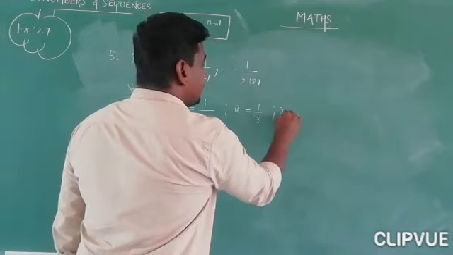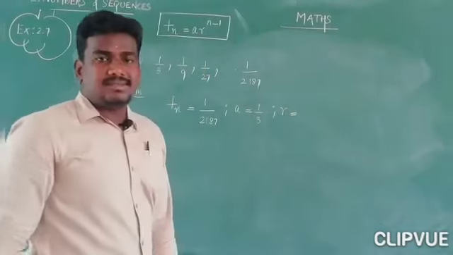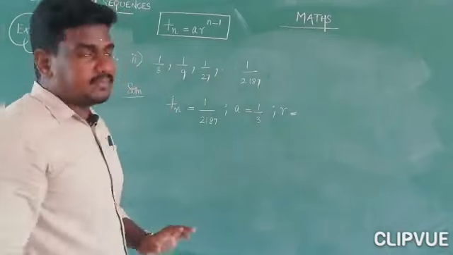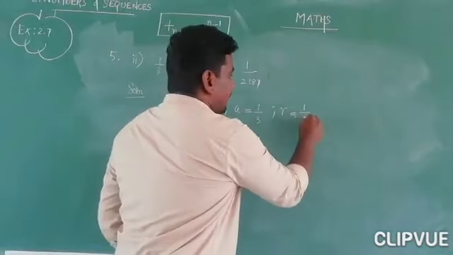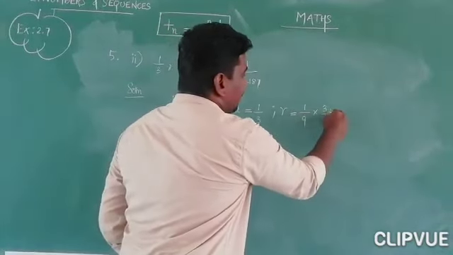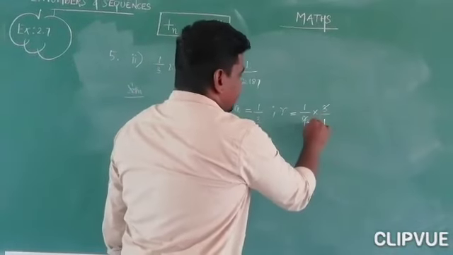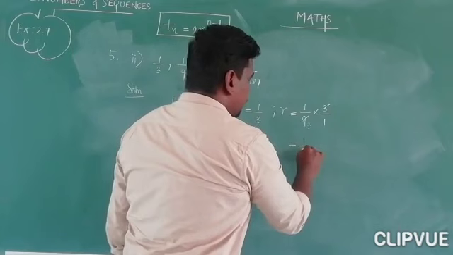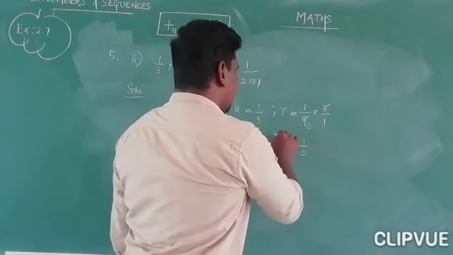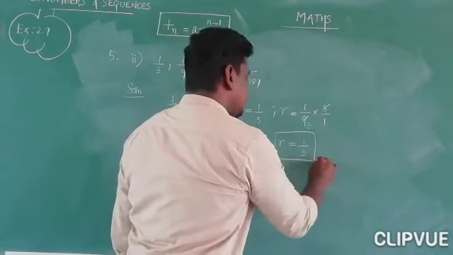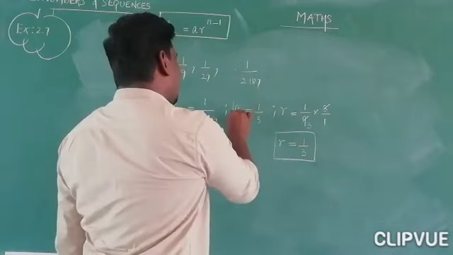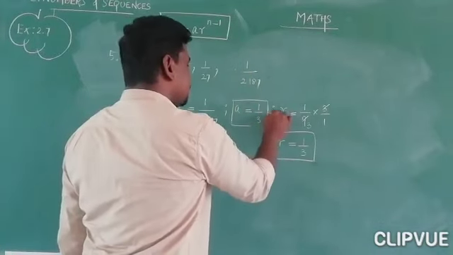And you know how to find the common ratio r. This is the ratio of the second term and first term. So 1 by 9 into 3 by 1. If you cancel them, you get r is equal to 1 by 3. Now we know the first term and common ratio of the GP.